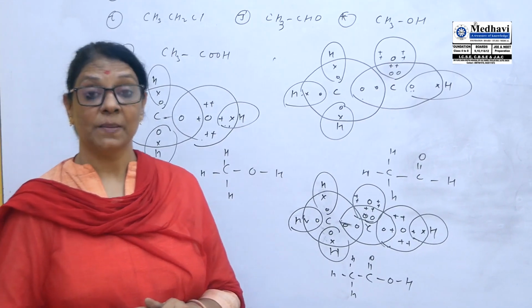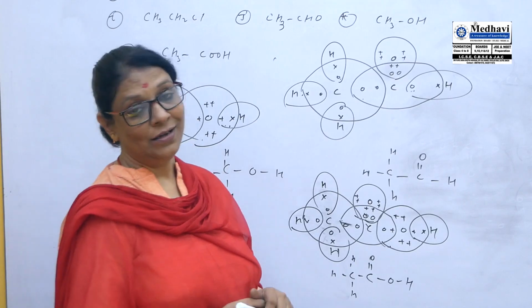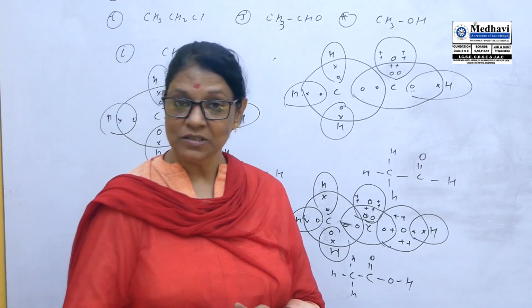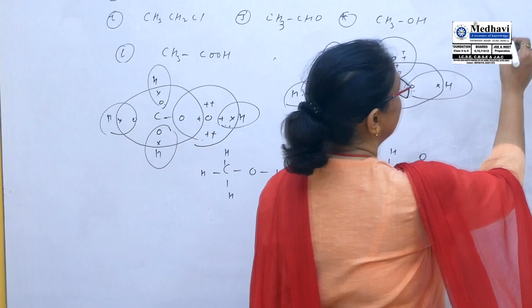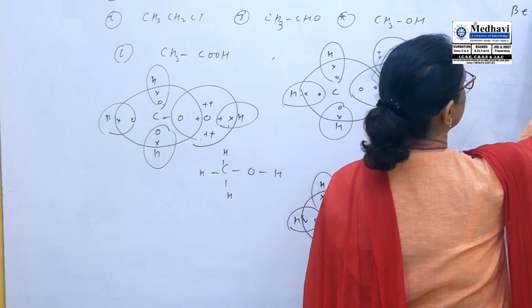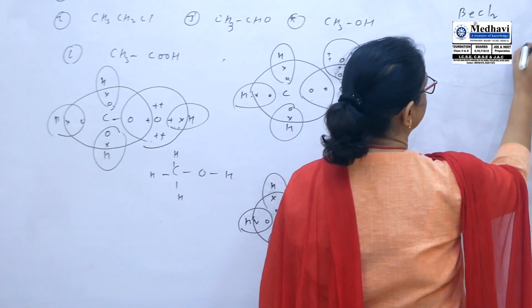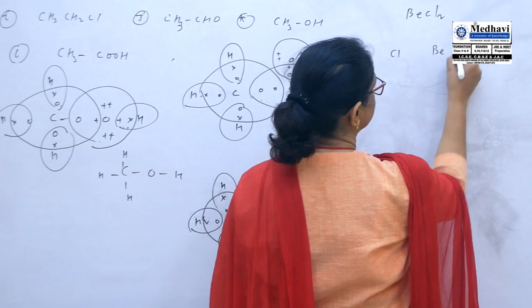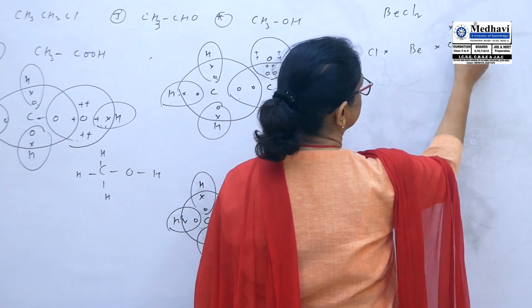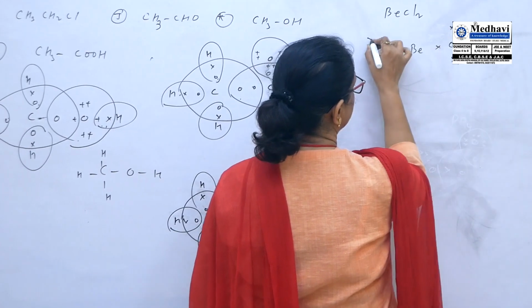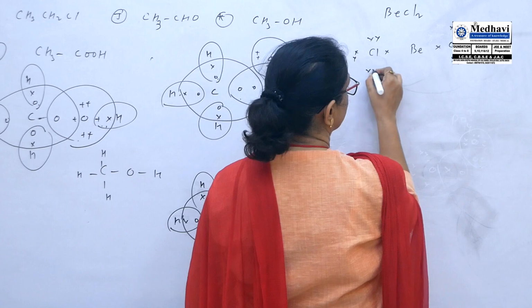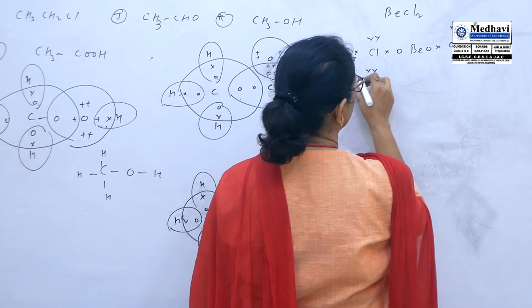But there are some exceptional compounds also where octet fulfillment is not possible. For example, BeCl2, beryllium dichloride. In beryllium dichloride, octet will never be fulfilled.